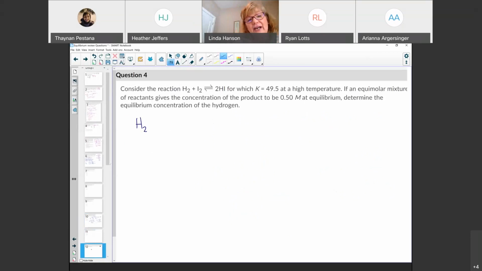We're going to look at a reaction in which hydrogen and iodine react to make two HI. The K is given to me as 49.5. An equimolar mixture of reactants gives the concentration of the product at equilibrium to be 0.5 molar.